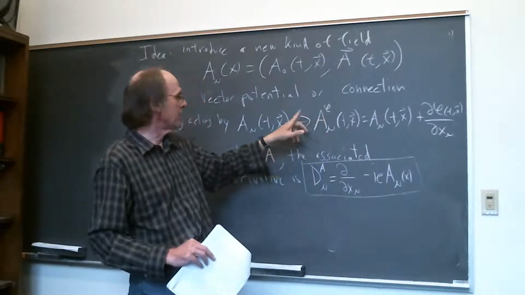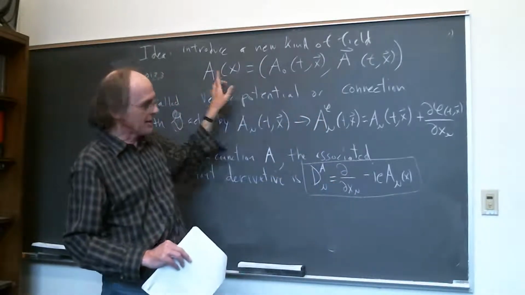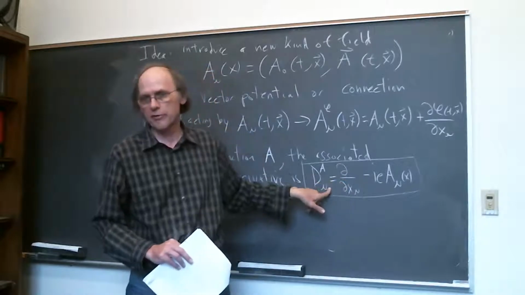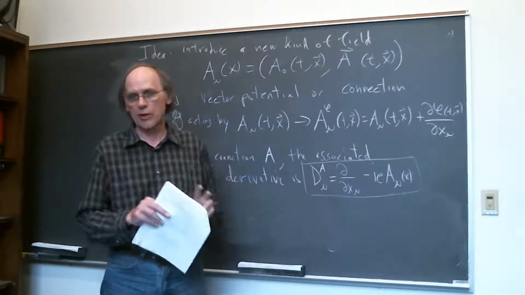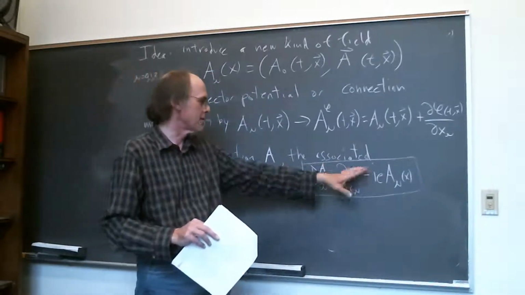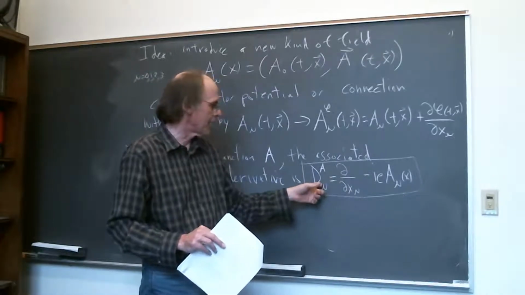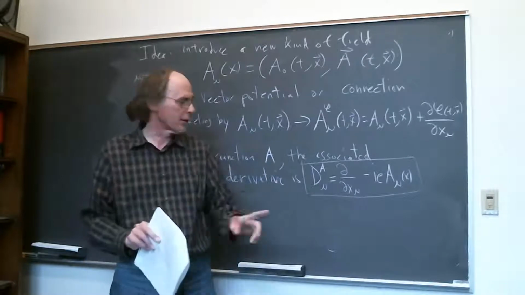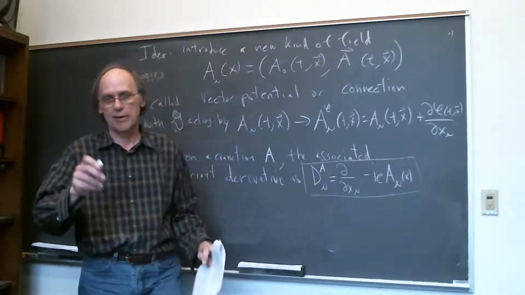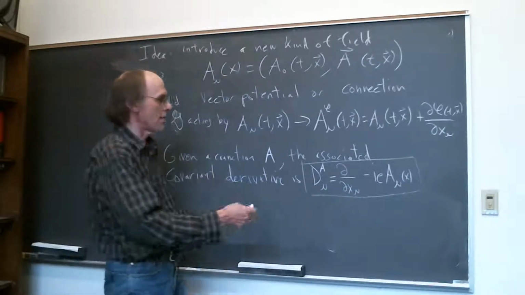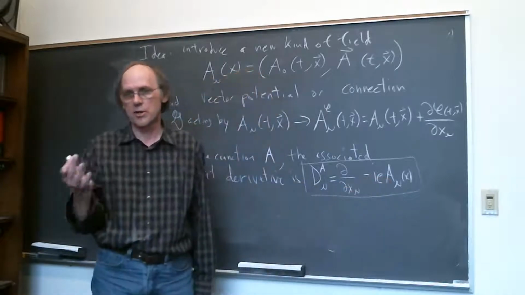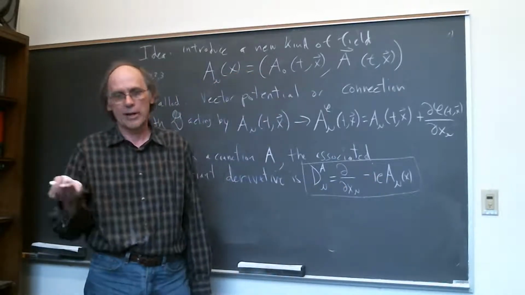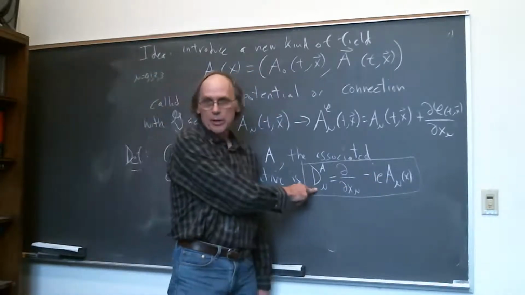The whole point of this A is that it gives you a new kind of derivative, so any theory that you write down by writing down properties of the A's, you can also write down by writing down properties of these operators.